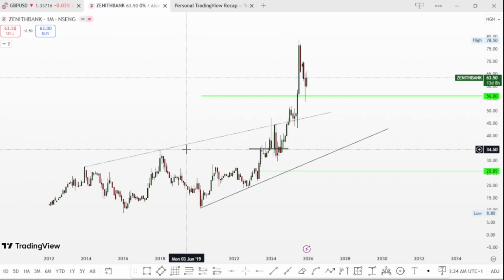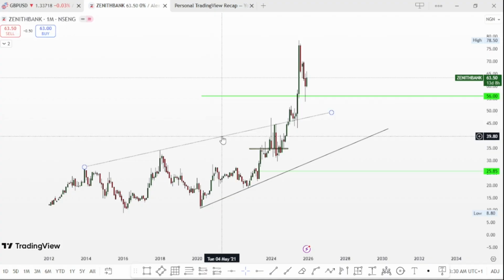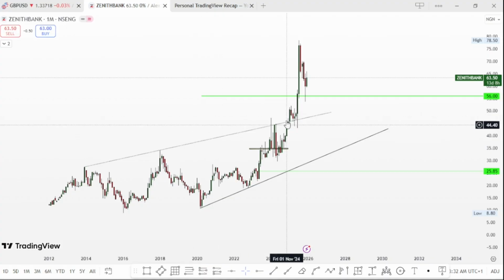We took out our resistance, the ascending channel trend line. We've broken it. Build the base somewhere around it, above it, and then you're going up.